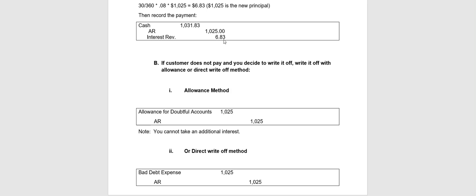In fact, we can't charge that $6.83. So what we do is we write it off by debiting allowance for doubtful accounts for $1,025 and crediting accounts receivable. Or if you're using the direct write-off method, the debit would be to bad debt expense, just like we saw earlier, instead of allowance for doubtful accounts, but it will still be a credit to accounts receivable.